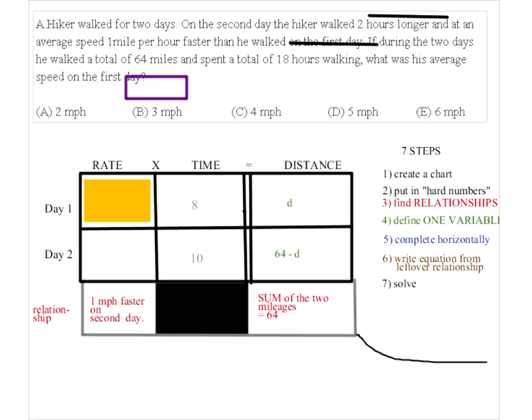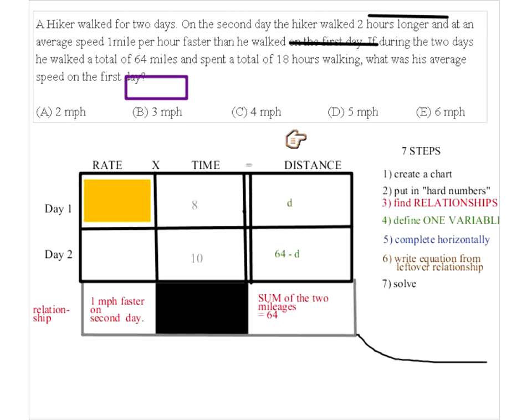Now, to complete horizontally is not as much fun here, but it's not horrible. What operation do you have to do to get over here? If rate times time is distance, and you have distance and time, then what do you have to do to find rate? Yeah, you got to divide them. If this is unclear to any of you, then just think about like 4 times 5 equals 20.